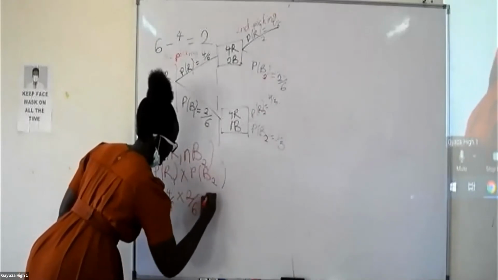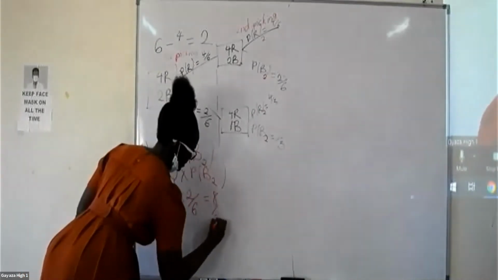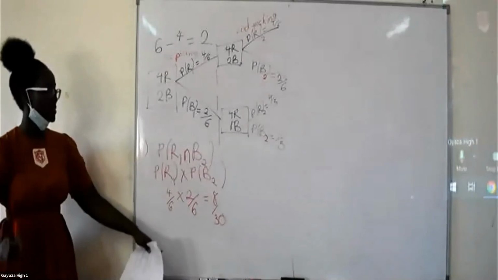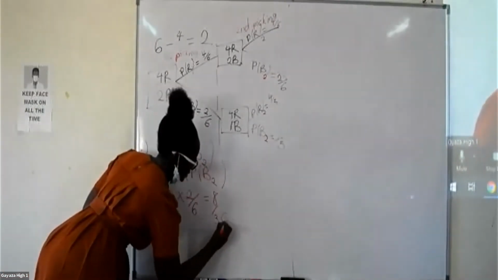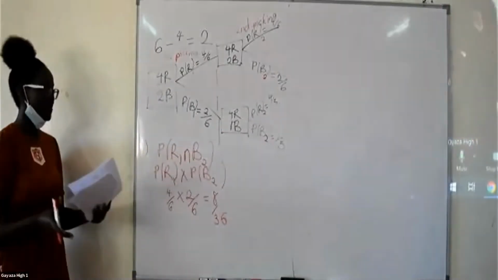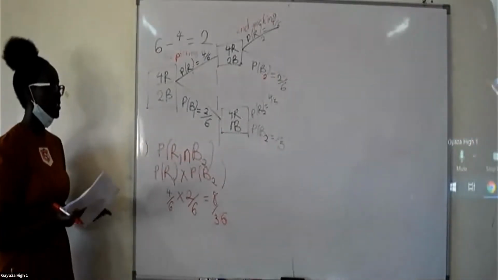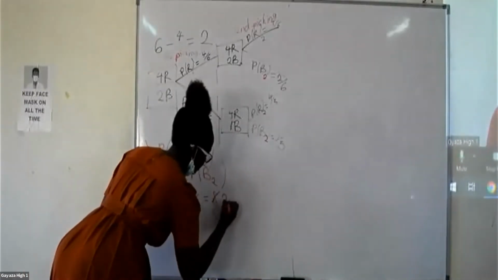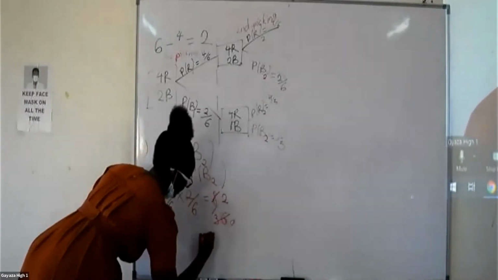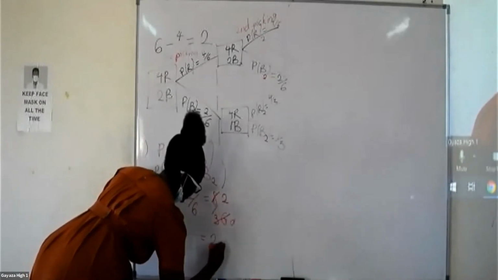Now the answer will be 12 out of 36. We have to try as much as possible to reduce, so this is going to be 4 by 4, 2 by 4, 9. Our answer here is 2 out of 10.